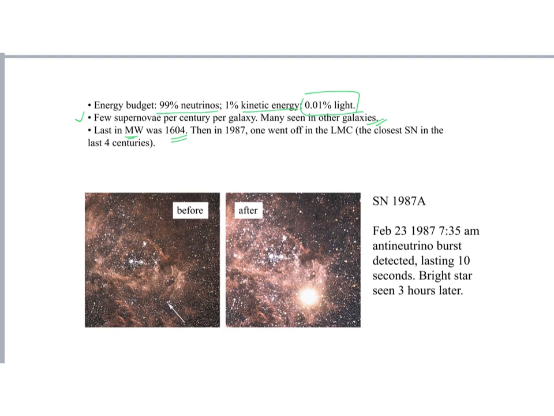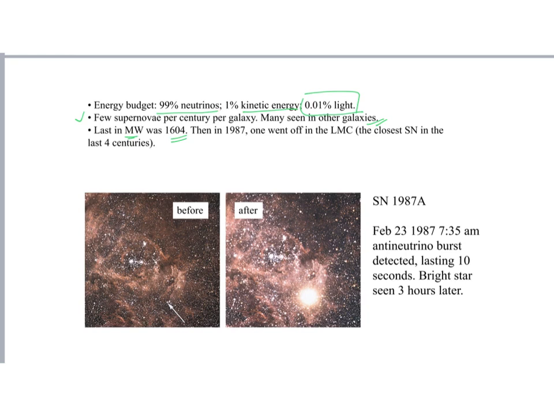So we're actually kind of due for a supernova in our own galaxy. And so the astronomers are keeping their eyes very open for red giants to go poof. And of course, for a supernova, we wouldn't even need a telescope.